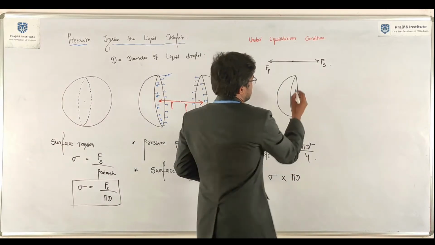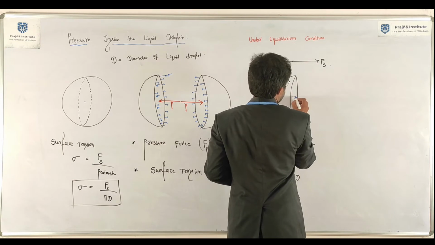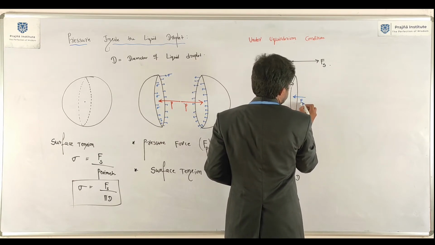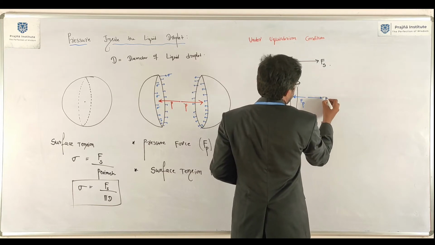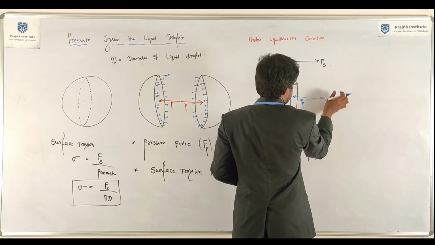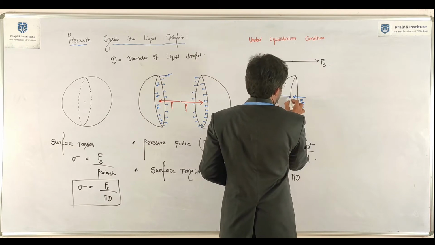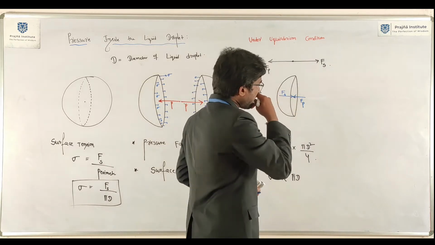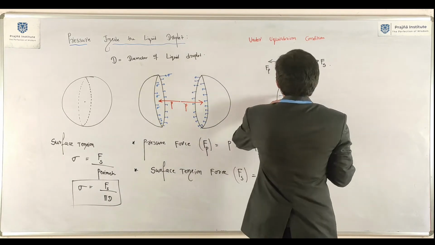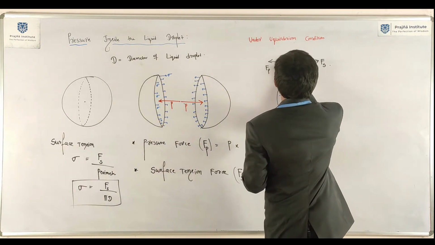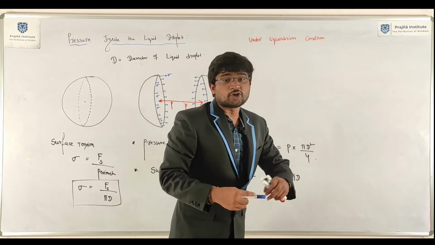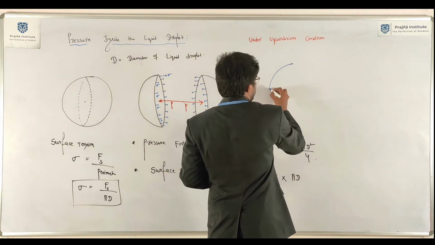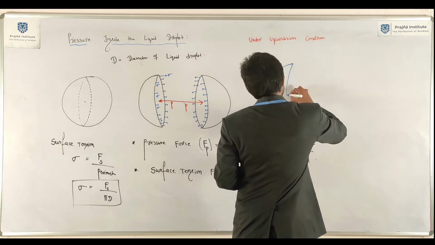Here it is sigma, Fp will be acting, so net Fs will be acting like this. Just have a look at the free body diagram for the liquid droplet.